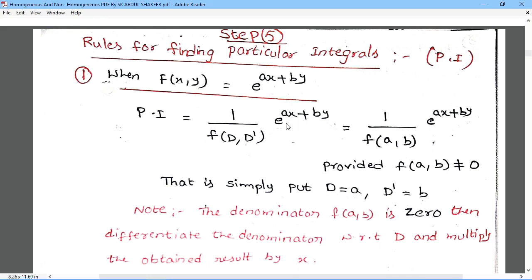In such a case, we just have to replace D equal to a and D dash equal to b, whenever the denominator value is not equal to 0.